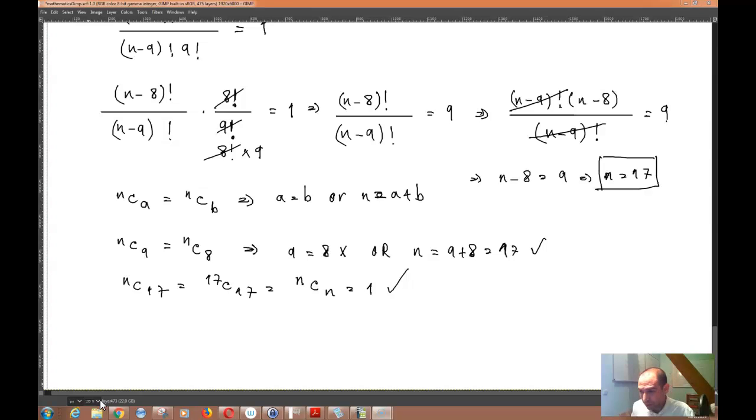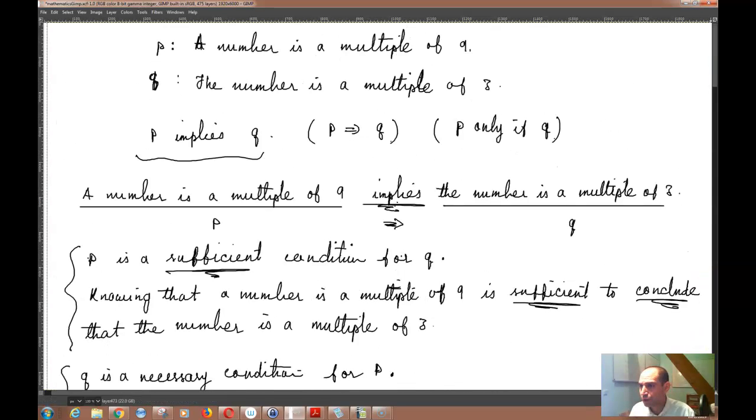Okay, so now we have basically talked about all of the concepts in this chapter. The whole concept that we had in this chapter was permutation and combination.